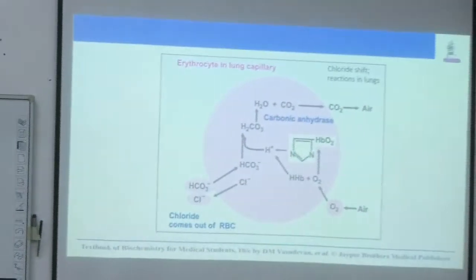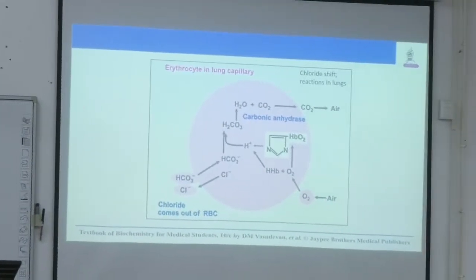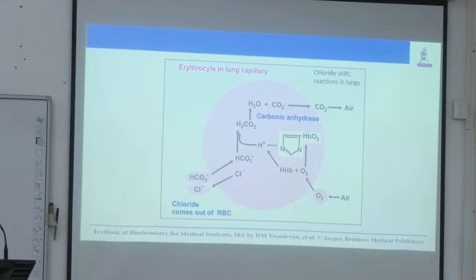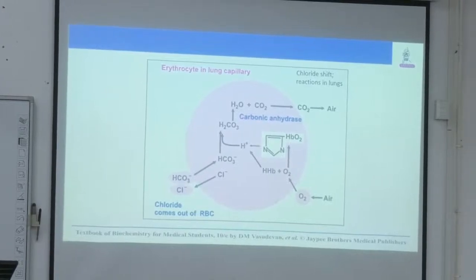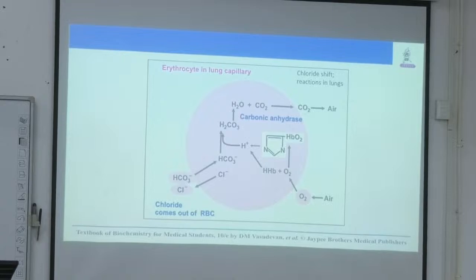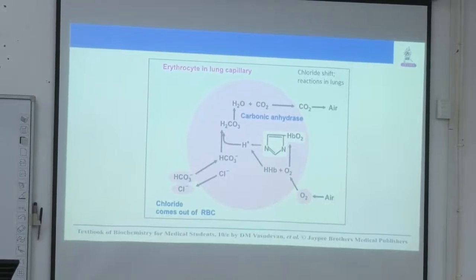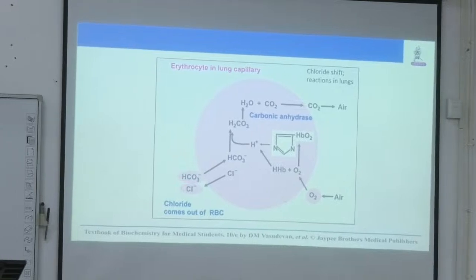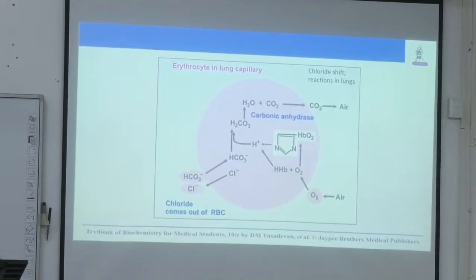In lungs, what happens? In lungs, CO2 should come out and O2 should go in. How will CO2 come out? The bicarbonate from the ECF will enter into RBC in exchange with chloride.